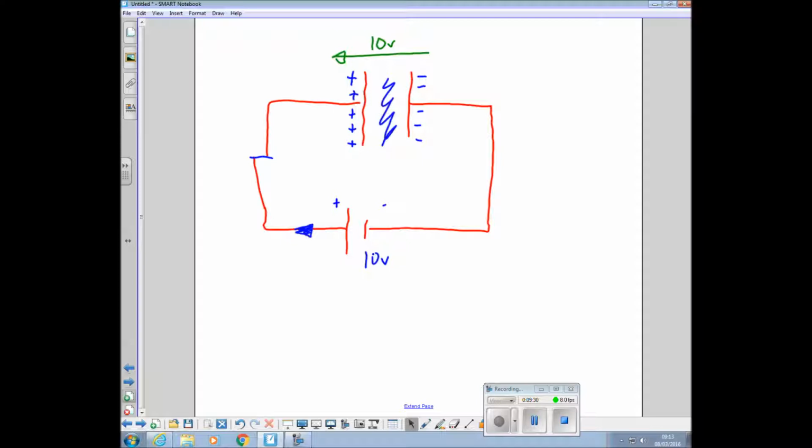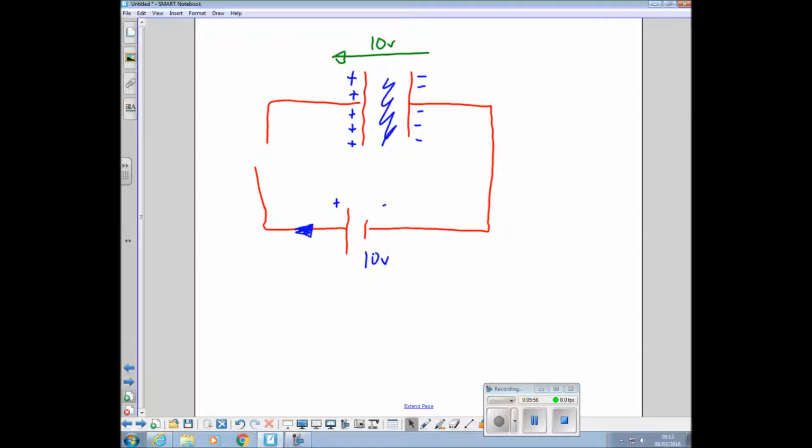But for now, you can consider that a small instant after you connect that battery source to that capacitor, you would charge that capacitor up, so you've got 10 volts across it. And then if we disconnect the source, we've still got 10 volts across it.